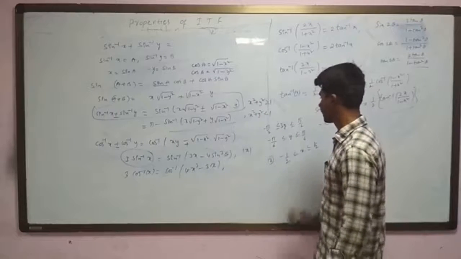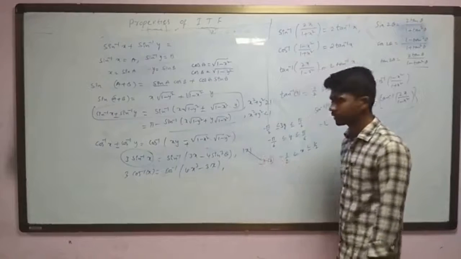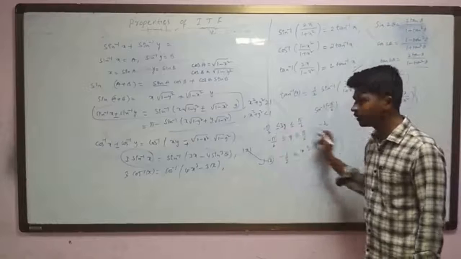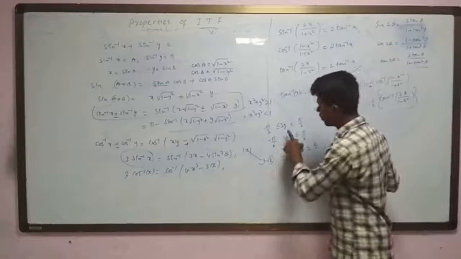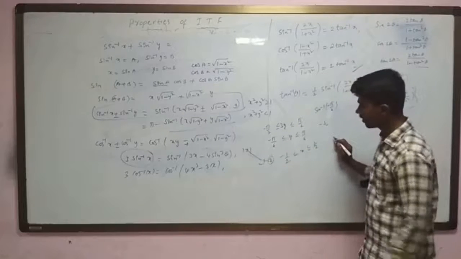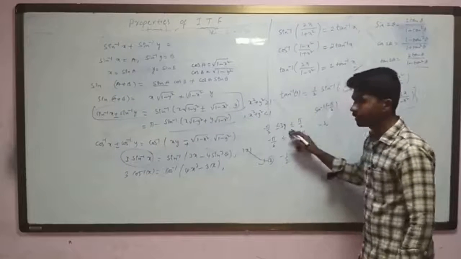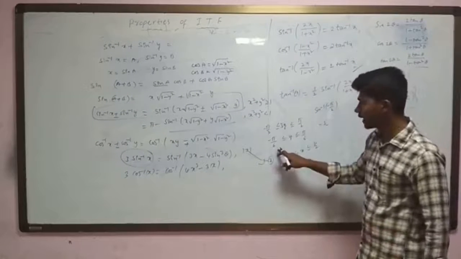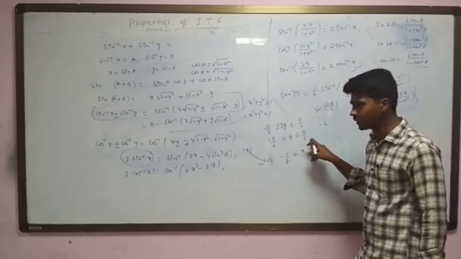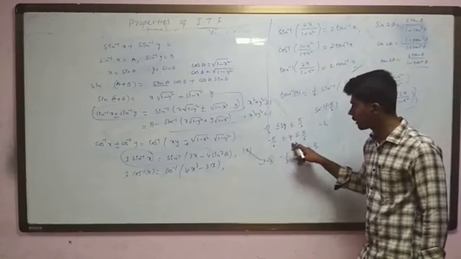Now where does x lie? This is the value of x. Similarly, for sin it lies in between minus pi by 2 and pi by 2, but this is nothing but 3y. So if I consider y, we get minus pi by 6 to plus pi by 6.